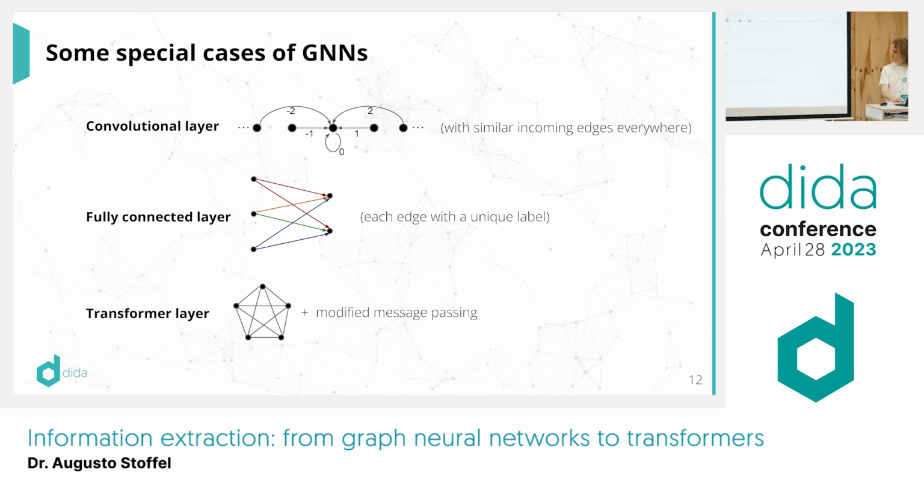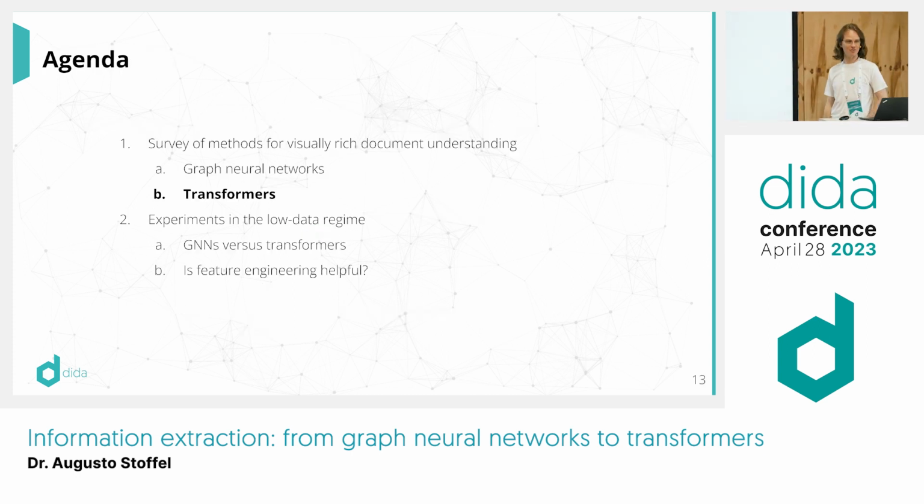Yeah, and that's the transformer layer. Okay, so I think that's it about graph neural networks.